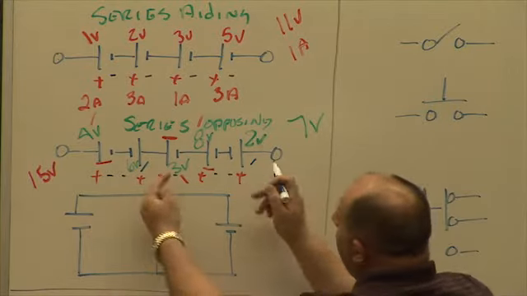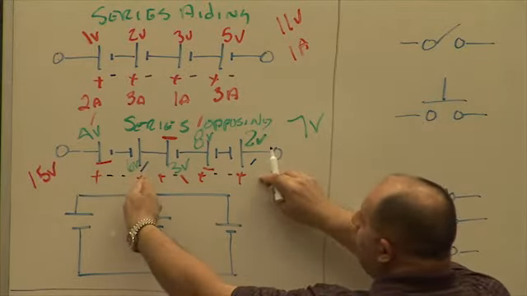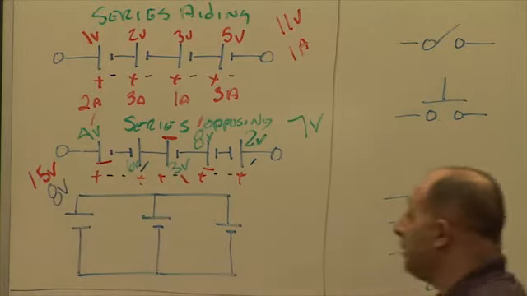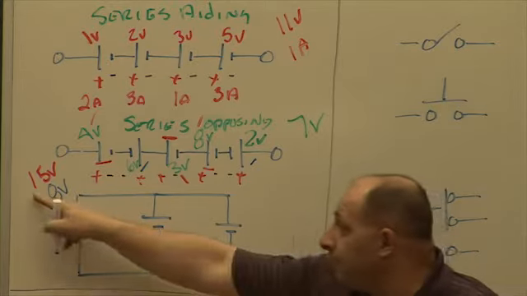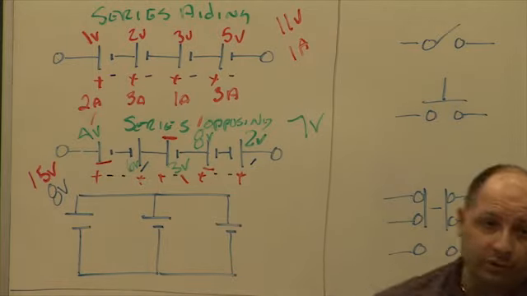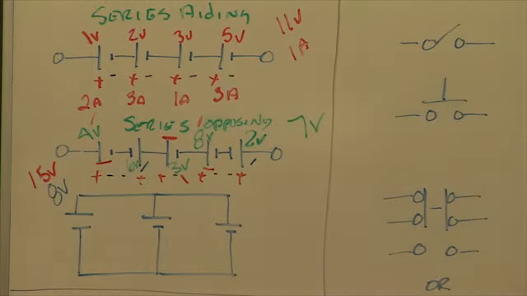You have to add them because these are like, so 6 and 2 is 8, correct? And how do we get the total potential? Opposing, we have to take the difference between the 2 groups, and it's 7. Good job. The current rule is still the same: pick the smallest one. Series aiding and opposing. Any questions?